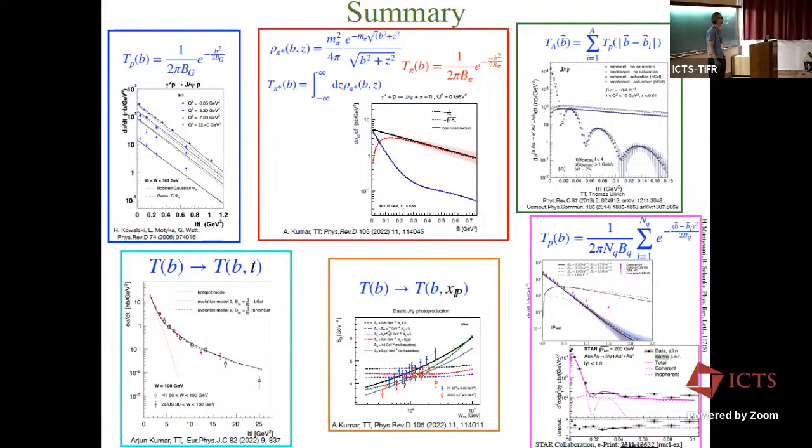Maybe let me ask one quick question. At the beginning you mentioned, I think, that the pion and the proton at small x differ by a factor of 2 or something. What is the intuition behind that factor of 2? Okay, so the factor 2, I don't have a clear intuition about. I mean, I don't know what you would have guessed.